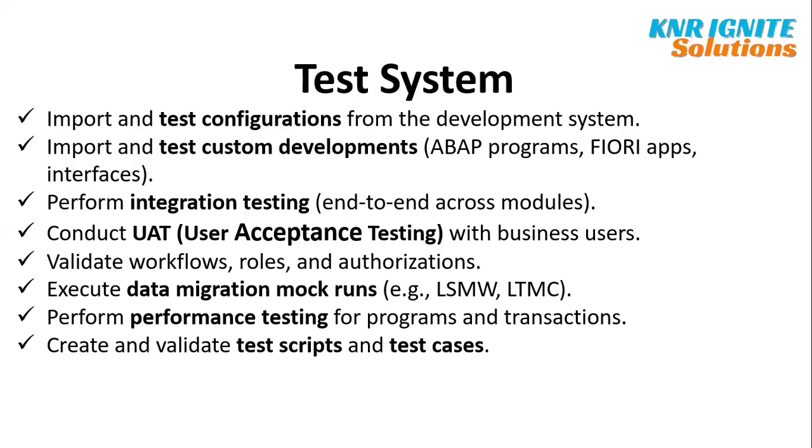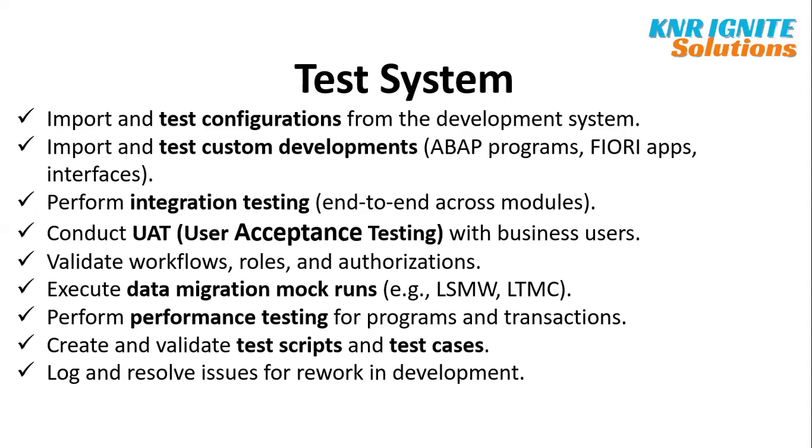We do all the development activities in the development server. Once you're done with that, you test everything in the quality system. And then whenever you find any issues in the quality system itself, you will log those issues and resolve all of them by reworking through development, right? These are the major activities we perform in test systems.